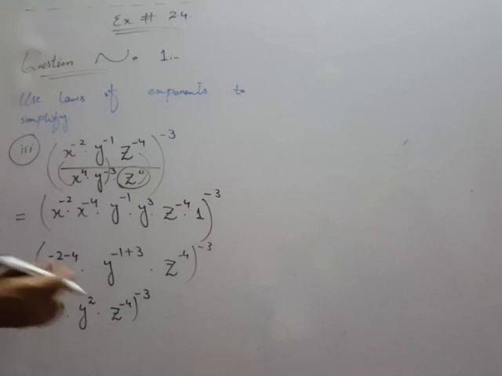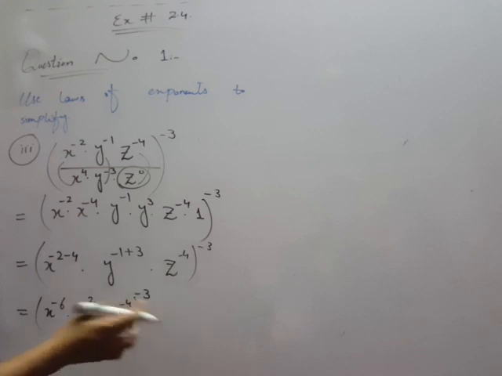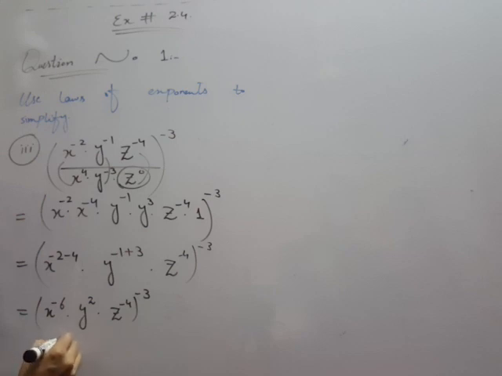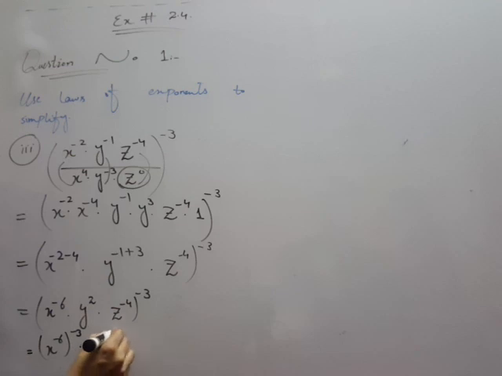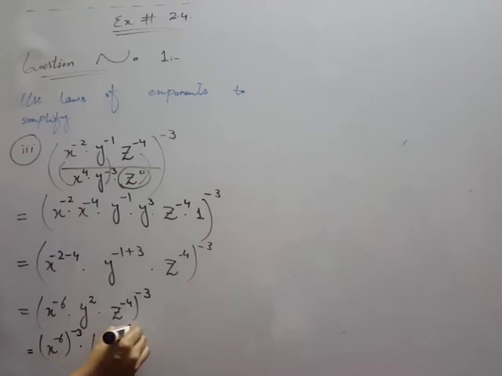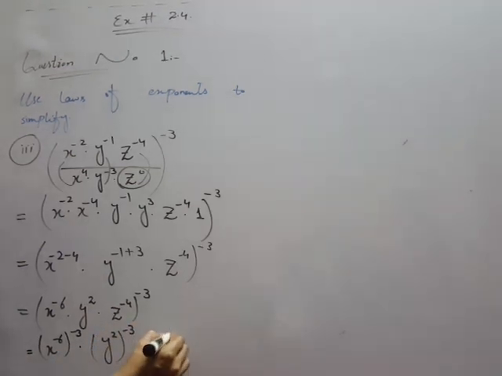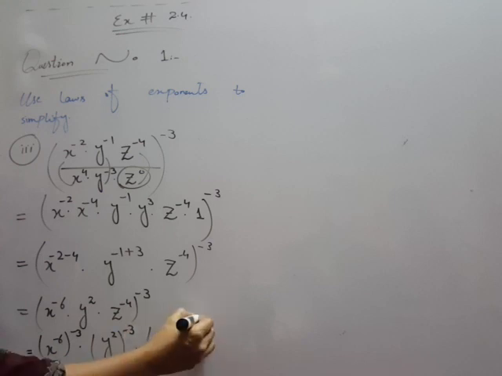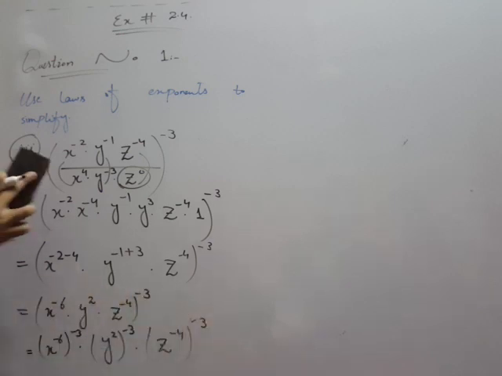Okay, and here whole power is minus 3. Multiply now, separate the whole power. It will become x raised to power minus 6 into minus 3, y raised to power 2 into minus 3 and z raised to power minus 4 into minus 3.